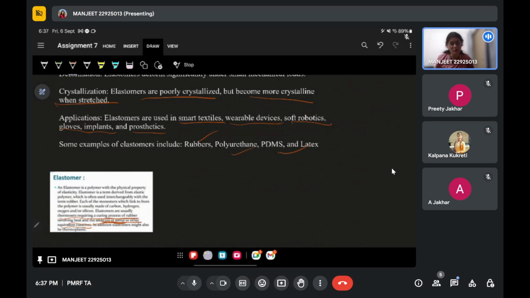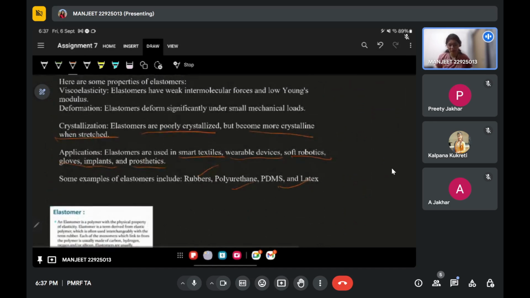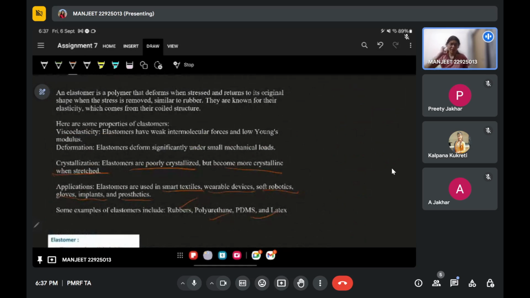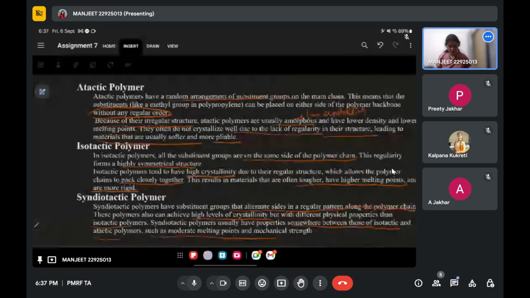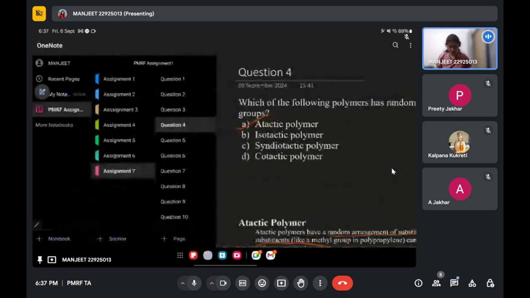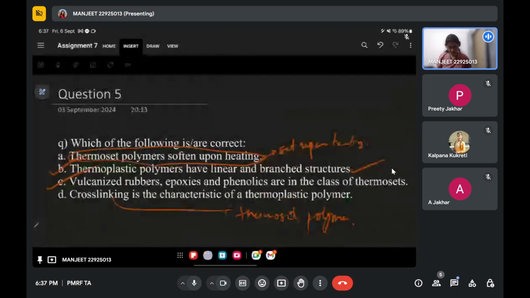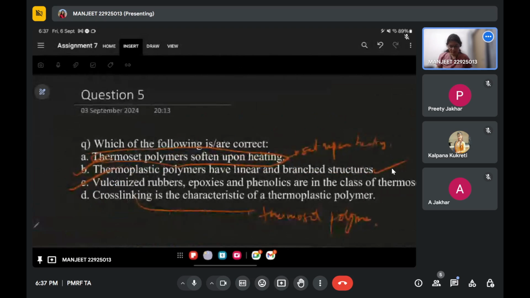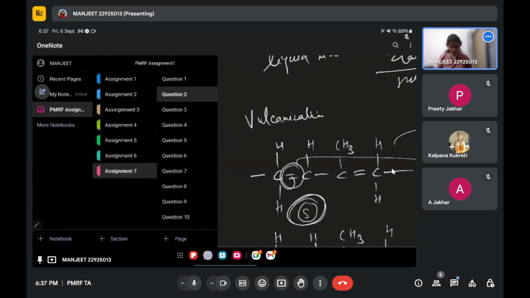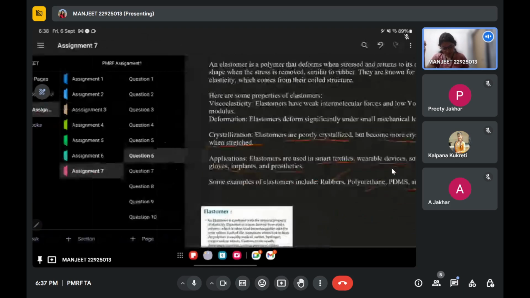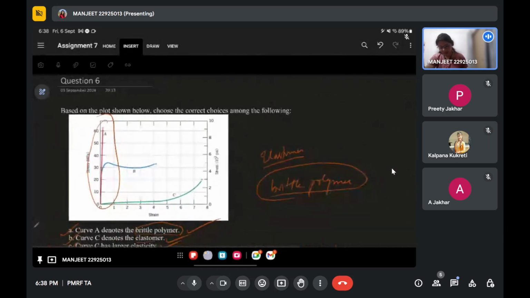There is a slight cross-link in the elastomer that we have discussed in an earlier question, in question number 2. So the elastomer has slight cross-linking. Okay, so this is all about question number 6.